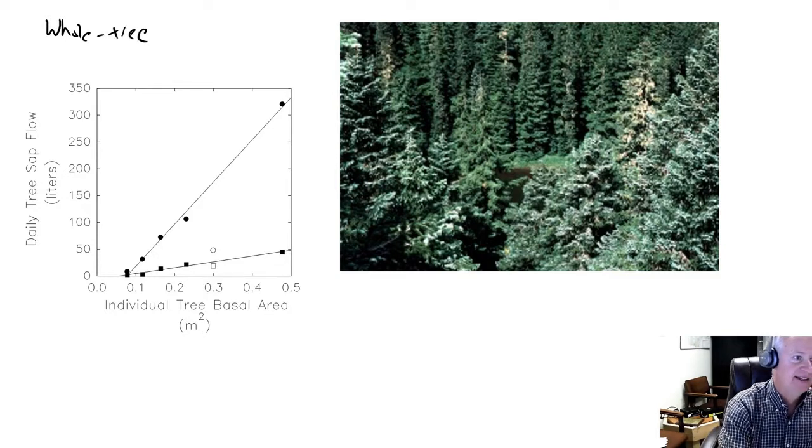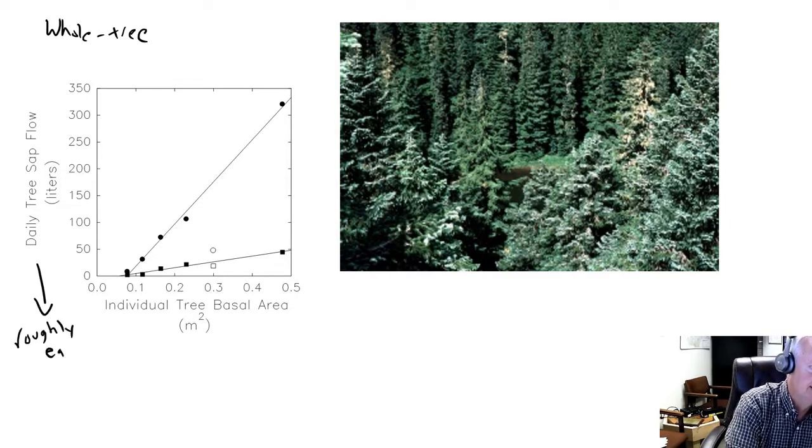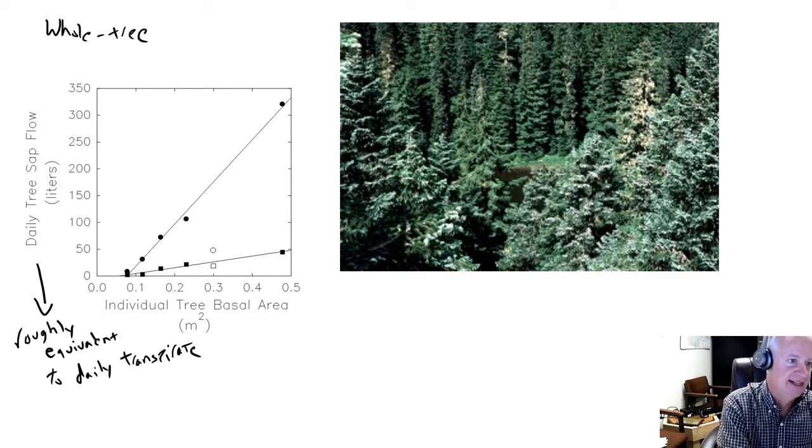So starting at the whole tree level, this graph actually shows daily sums of tree sap flow, which is roughly or pretty closely equivalent to daily transpiration, from individual trees. So each point on that graph is an individual tree, and its daily water loss is plotted against its size, in this case its basal area.